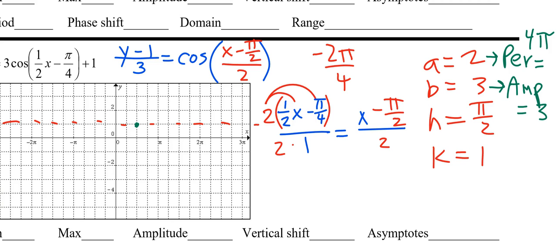We could figure out where half of that is. Somewhere over here is 4 pi, and halfway in the middle, don't you have to be at the bottom of the wave? So we could actually figure out where the bottom of the wave is, because that would be on the graph, right?